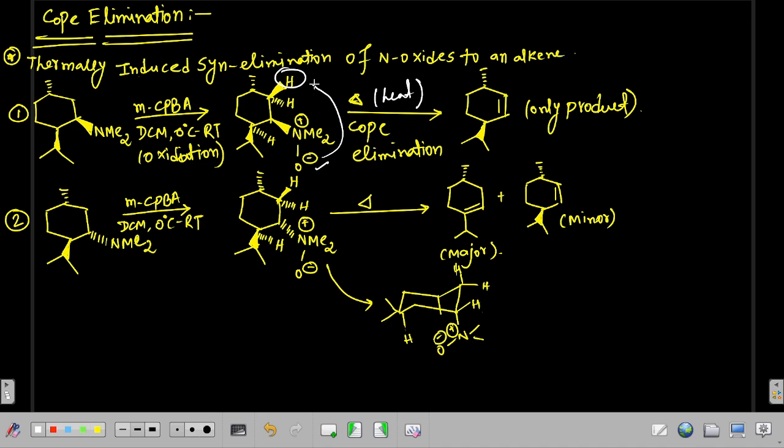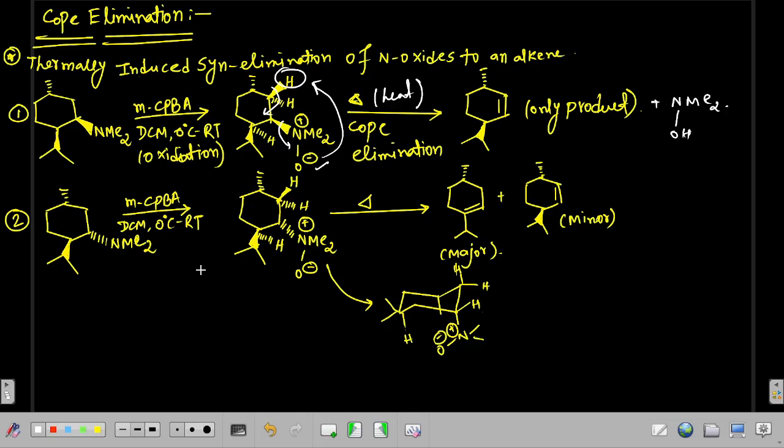This anion of this oxygen will abstract this proton, and this bond will break, and this bond will break. So it leads to the removal of the NOH.